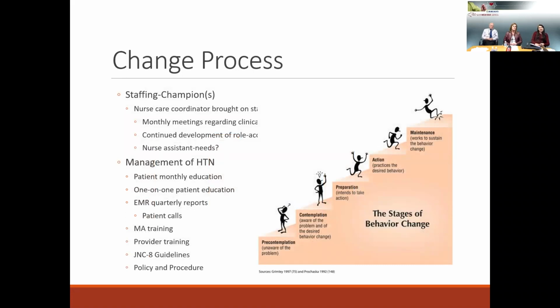Change process. I think the first thing I recognized when I came on is the stages of behavior change. It takes much longer than I originally thought it would to implement something that seems so small and straightforward. It's a lot more complicated, and so this was really big for me in the beginning, just to realize that process. Again, a staffing champion is really important.